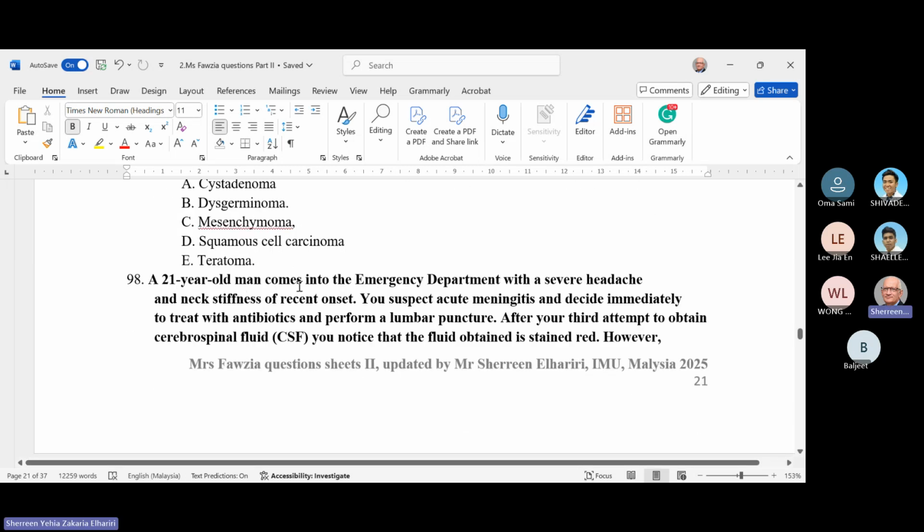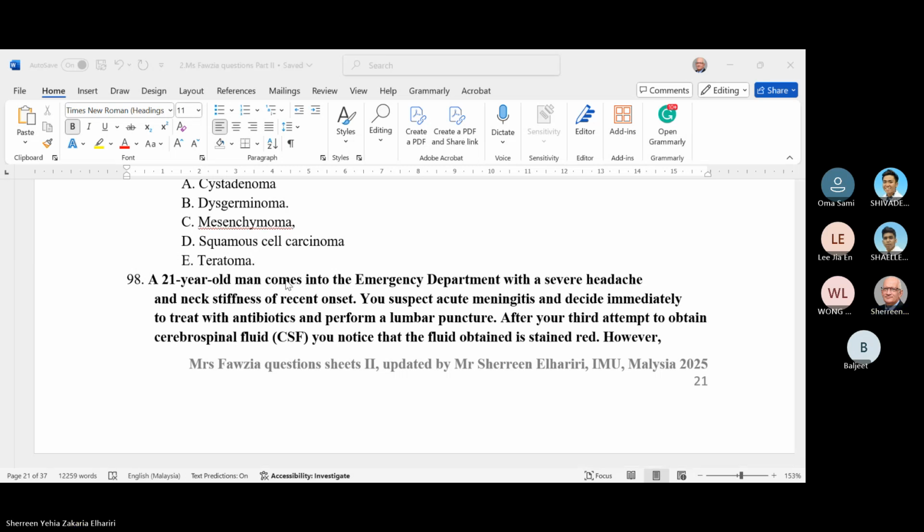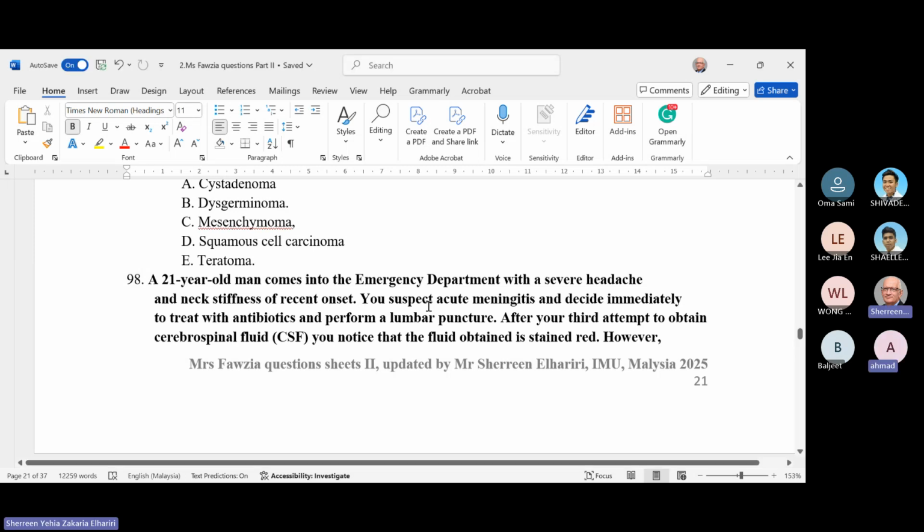A 21 years old man comes to the emergency department with severe headache and neck stiffness of recent onset. You suspect acute meningitis and decide to treat immediately with antibiotics and perform a lumbar puncture. After your third attempt to obtain CSF, you notice that the fluid obtained is stained red.